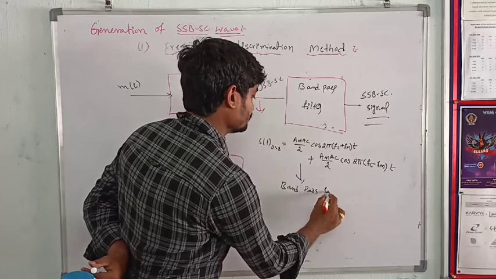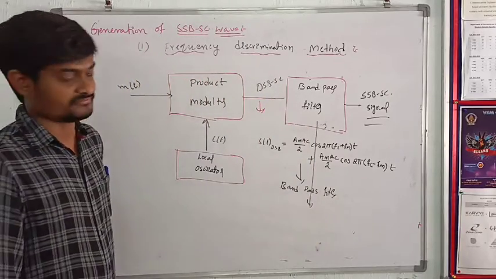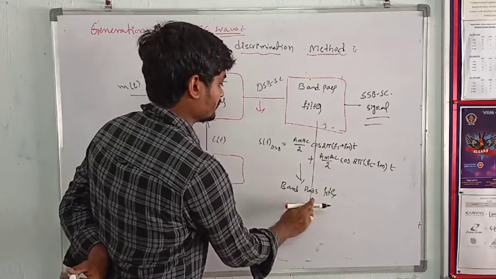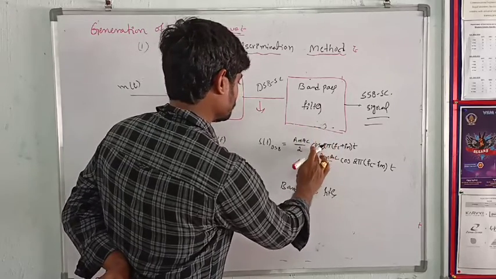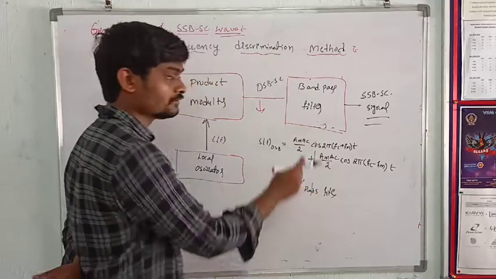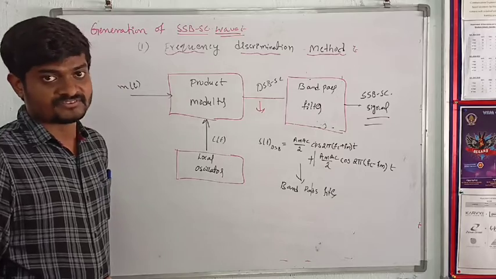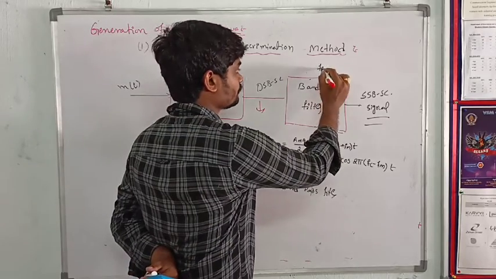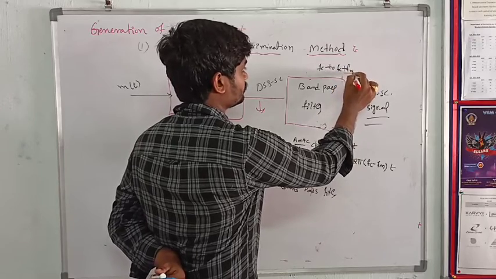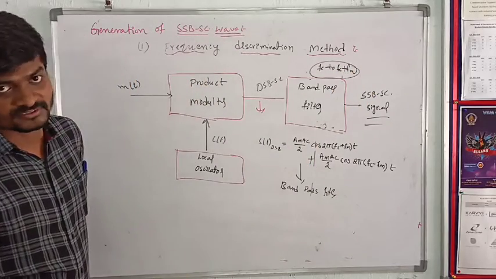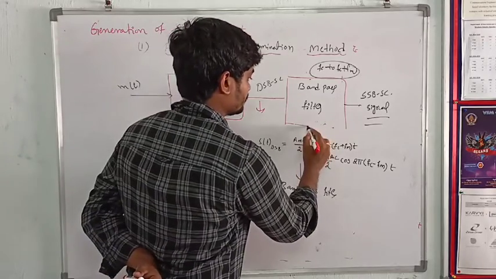The design of the band pass filter is very difficult. We design it exactly as required for the output. Suppose we want the upper sideband frequency, the band should be from fc to fc plus fm; for the lower band frequency, we set the frequency tuning in the band pass filter accordingly.